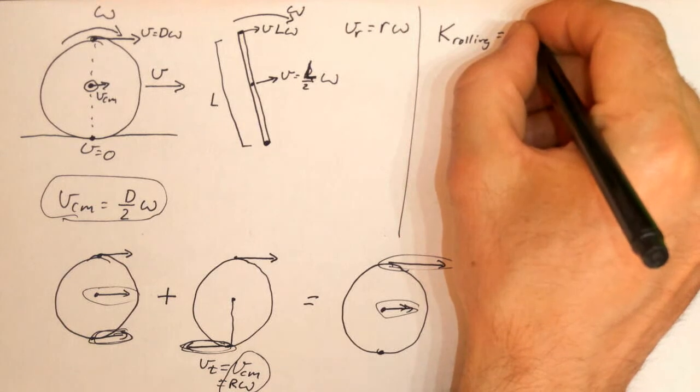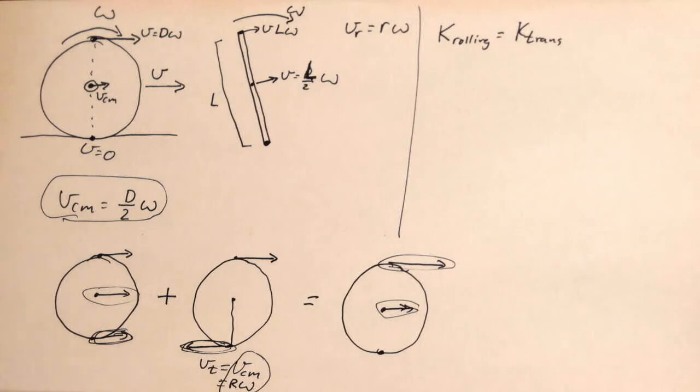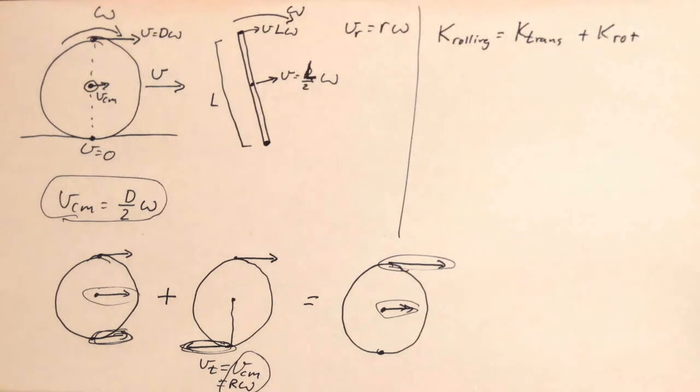So that's K trans. The translation means to move from one point to another, plus K rotational. This is K rolling, this is K rotational, and this is K translational.